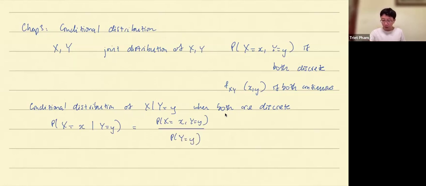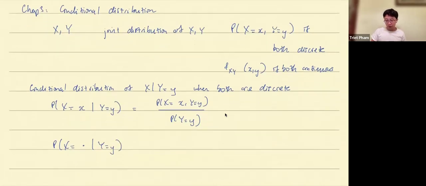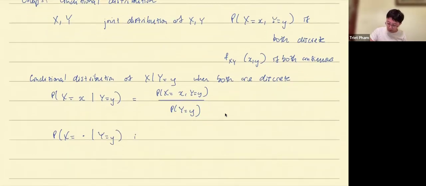Now, what we should note is that this by itself, when x changes, that is, probability x equals some value given a particular value y, is a probability. In other words, if you sum over all values of x here, then this is equal to 1.